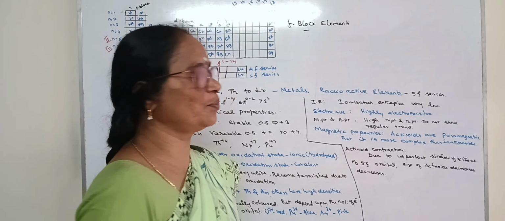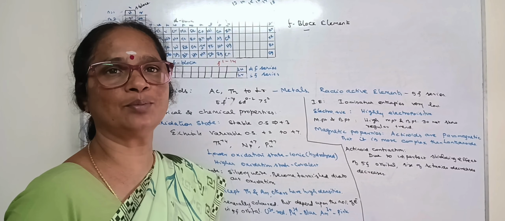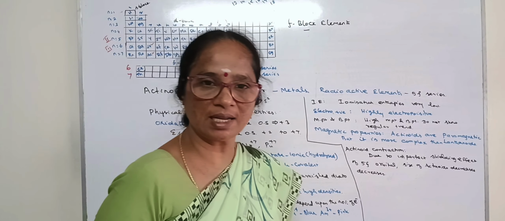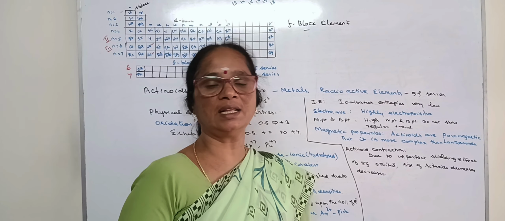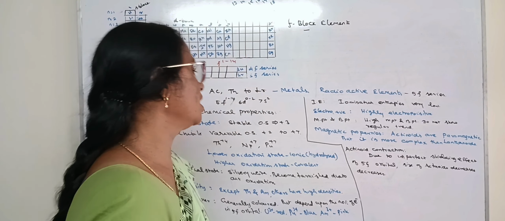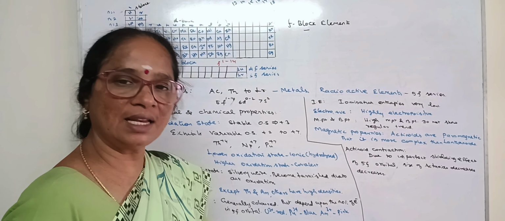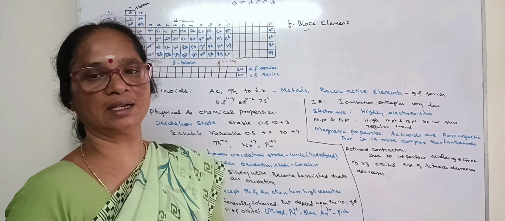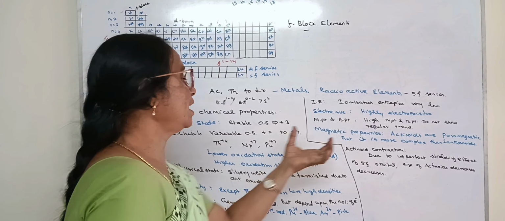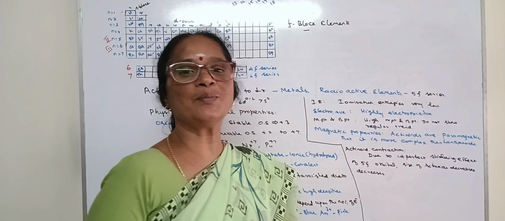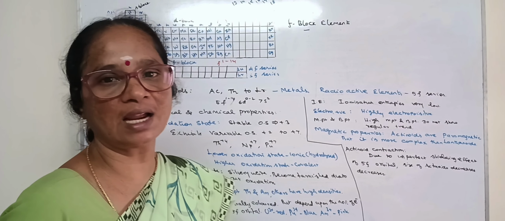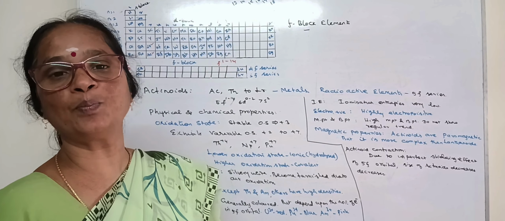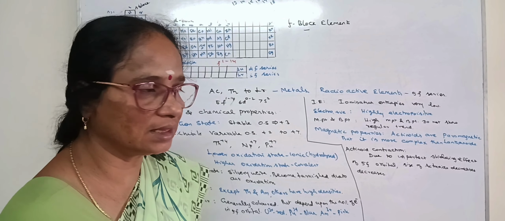Melting point, boiling point: they possess high melting and boiling points, but they do not exhibit any regular trend in their variation. Magnetic properties: actinides are paramagnetic, but explaining the paramagnetic behavior of actinides becomes more complex compared to lanthanides.